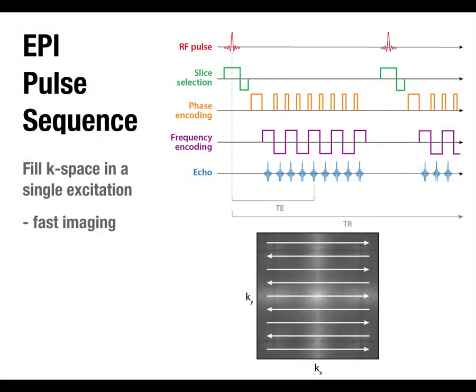That's what's illustrated here: phase encoding is the vertical dimension in our K-space plot. Normally you would just fill one of these lines per excitation. Here, after one excitation, you do the phase encoding gradient for one step, read out the frequency, which is the horizontal dimension, and then you switch the phase encoding gradient. So the slope was one way, now it's the other way, and then you do the frequency encoding again, and that reverses its direction, and it goes back and forth.